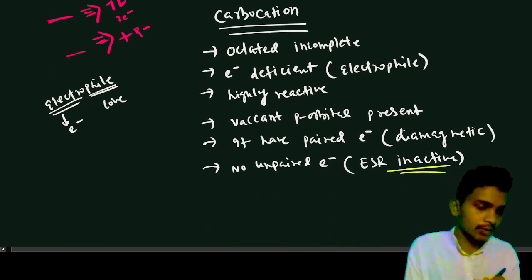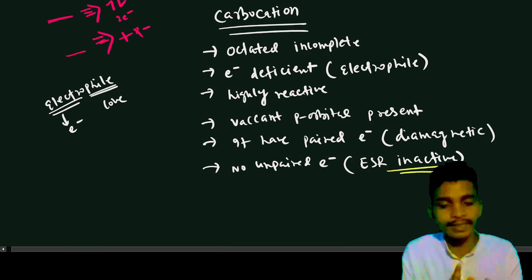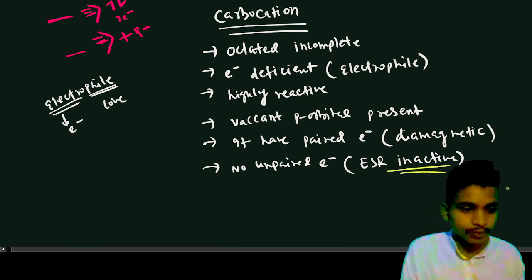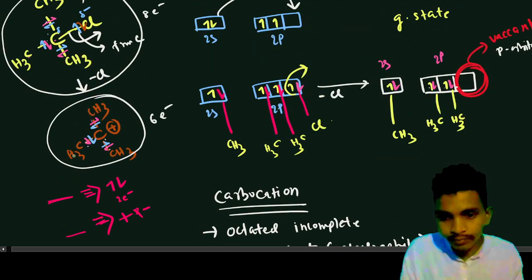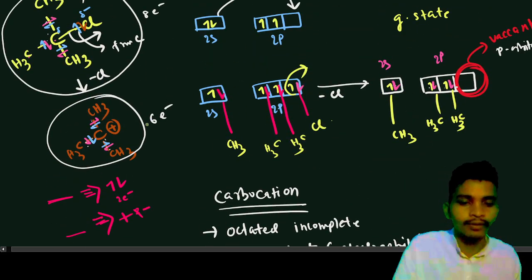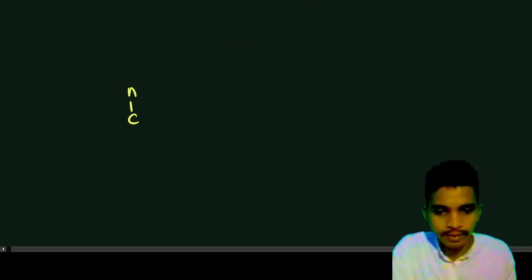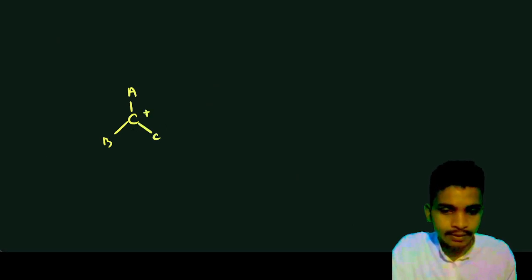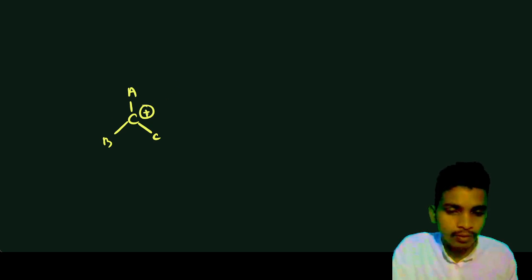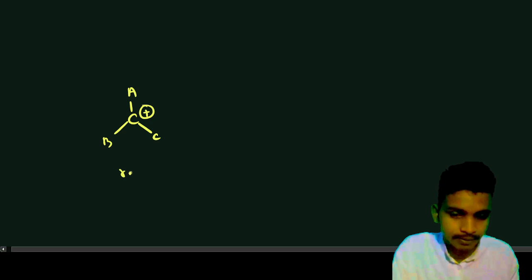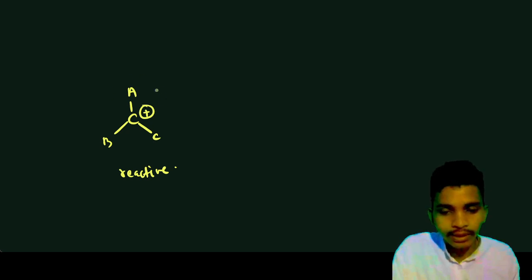Now we will look at in which case the carbocation will be stable. Let's say this is the carbocation, and here we have A, B, and C. This carbocation is highly reactive, and I want to stabilize it.